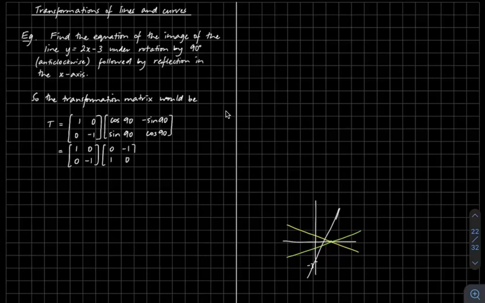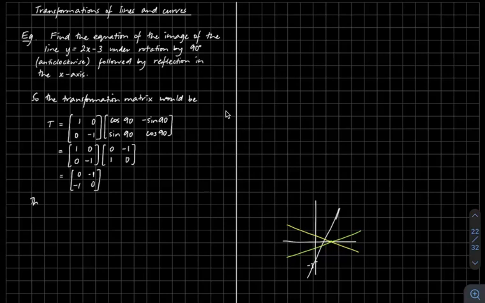So 0, negative 1, 1, 0. So if we then just take the product of those two matrices, we're going to have a 0 there and also a 0 there, and in the other ones we're going to have a negative 1 there and a negative 1 there. Alright, so that's the single transformation matrix.